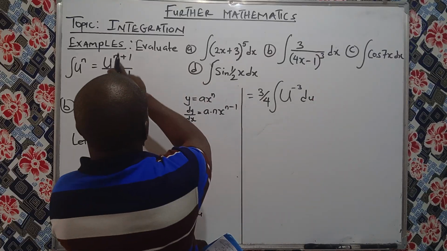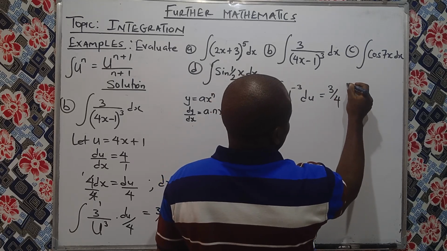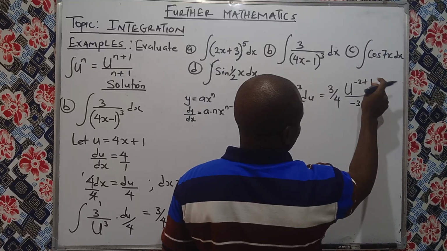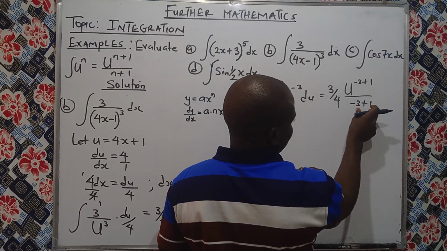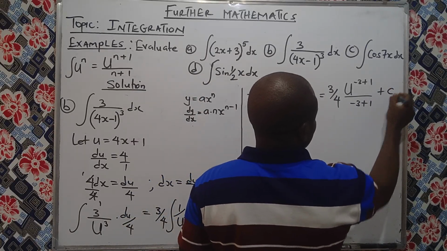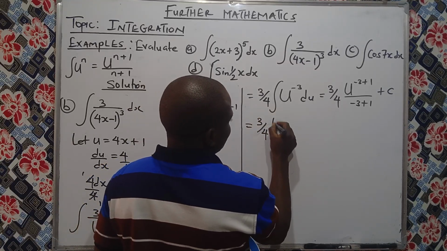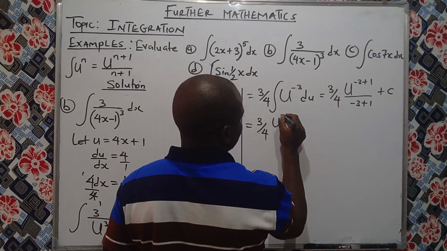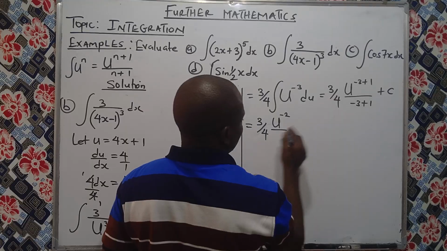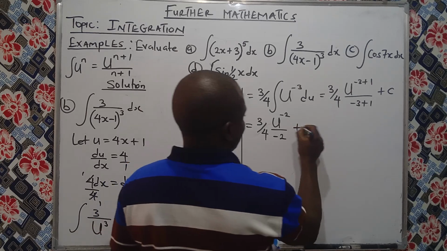Okay, now let's follow this formula of integration. That's 3 over 4 times u raised to power minus 3 plus 1, over minus 3 plus 1. Bring this minus 3 plus 1 at the power down. That's the way of solving it under integration. Now equals 3 over 4 u raised to power minus 2 over minus 2, plus c.